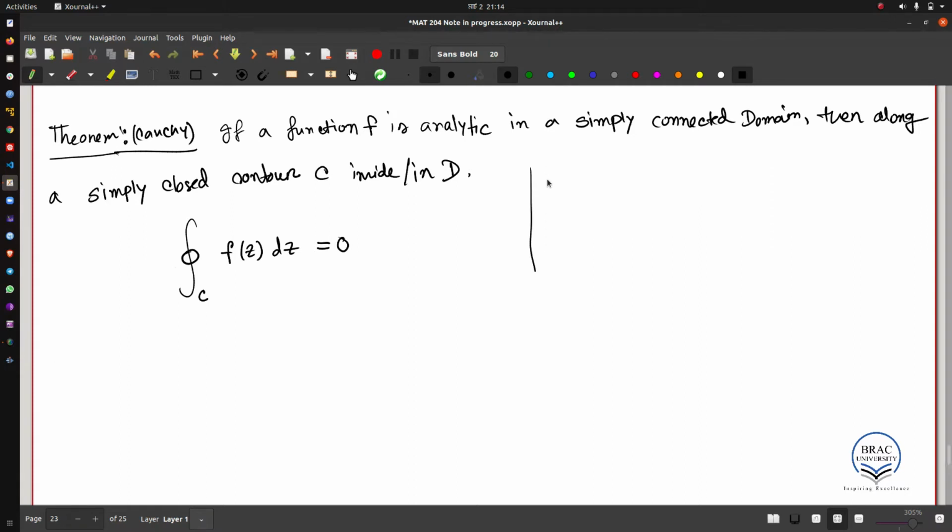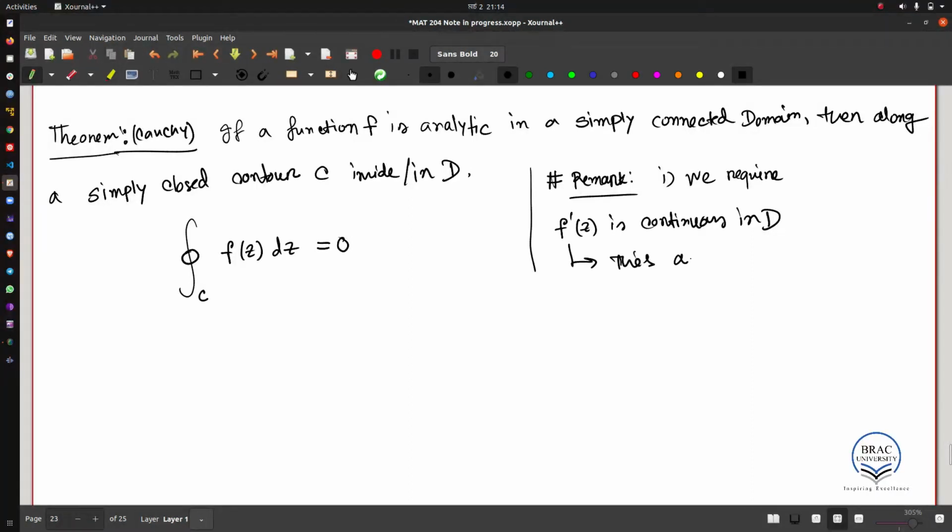Also, I want to leave some remarks here. While we stated this theorem, we required that f prime of z, that means the derivative, be continuous in that domain D. However, this assumption is not necessary in the Cauchy-Goursat theorem.